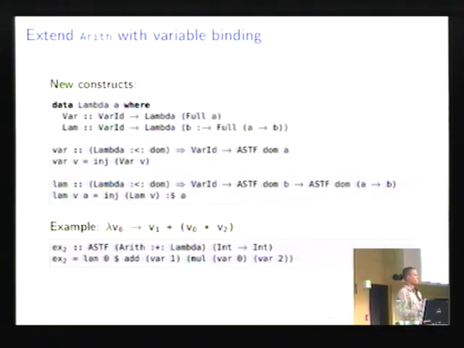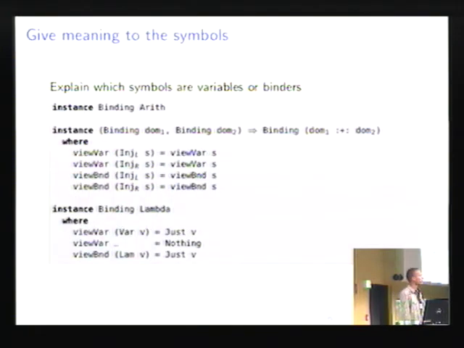So now we want to use the freeVars function that we defined earlier to find the free variables in this expression. But to do that, we first have to explain what the symbols mean. So we give instances for the Binding class, and the interesting case is, of course, the Lambda type, where the viewVar checks if we have a variable, we return the ID, otherwise Nothing. And similarly for Lam.